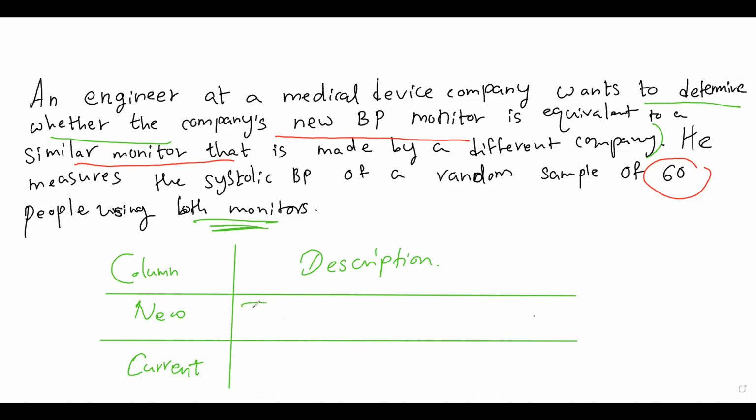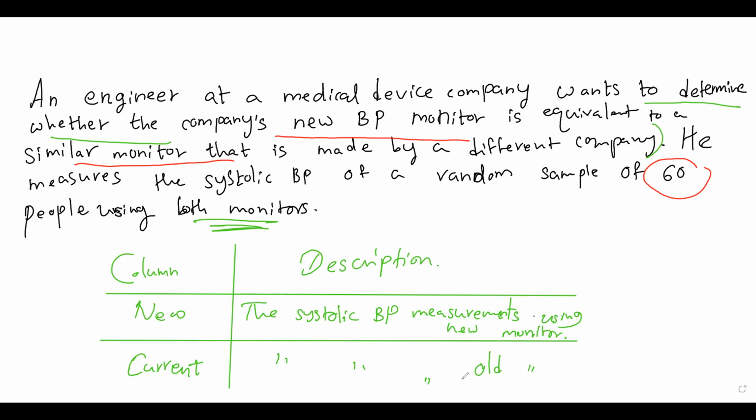So the new means the systolic blood pressure measurements using the new monitor, right? Current means the blood pressure measurement, the pressure that is measured from the old machine. The new is going to be our first variable. The second variable is the systolic blood pressure measurement using the old machine or the current machine, right?